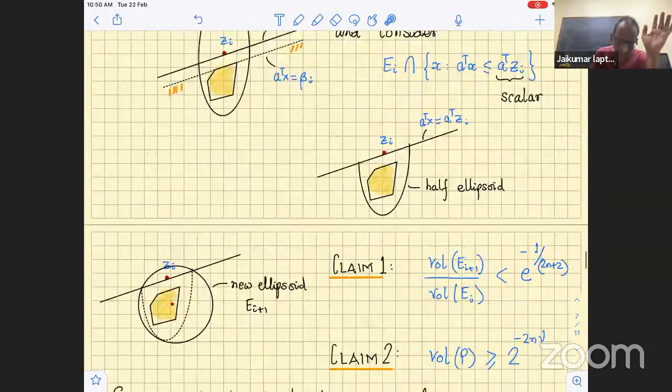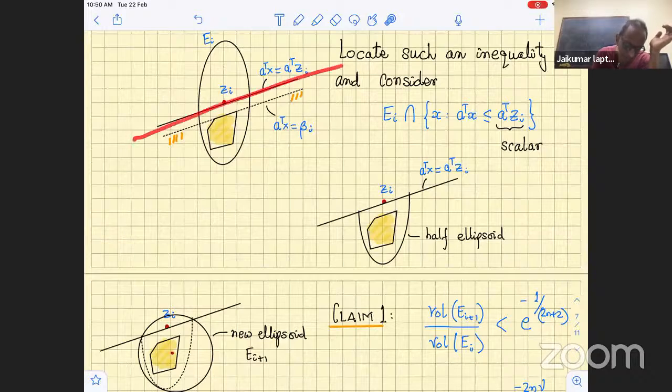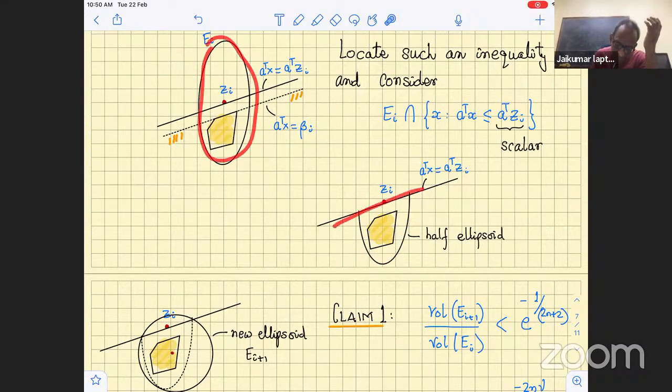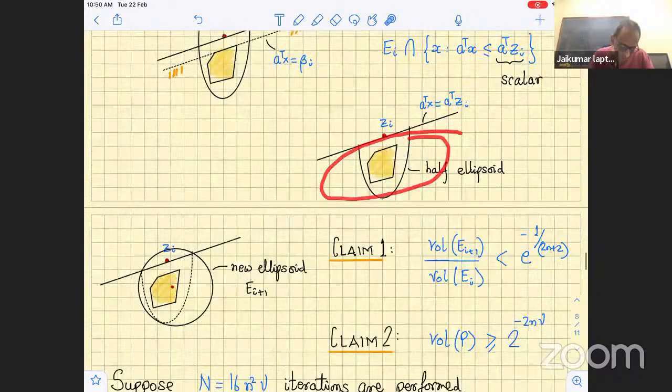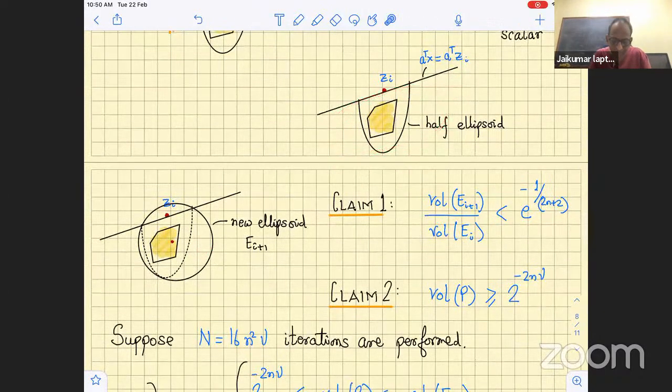One can really complain because the moment this hyperplane was given, I had actually cut down the volume by a factor 2. This half ellipsoid was half of this ellipsoid. But since I want to live in the nice world of ellipsoids, this half ellipsoid I approximate using this ellipsoid, and in the process, I add a lot of junk, and some of it, as Srijato points out, on the other side.